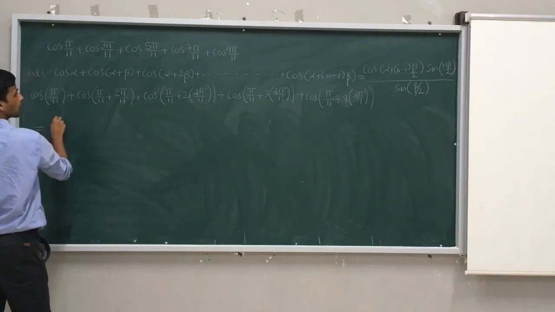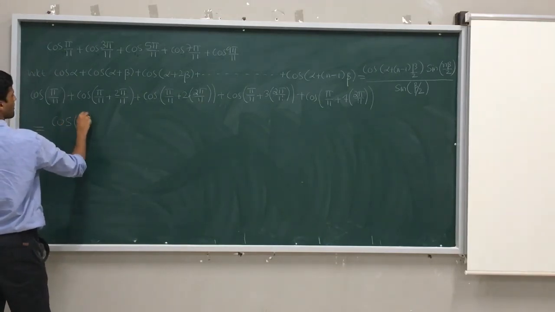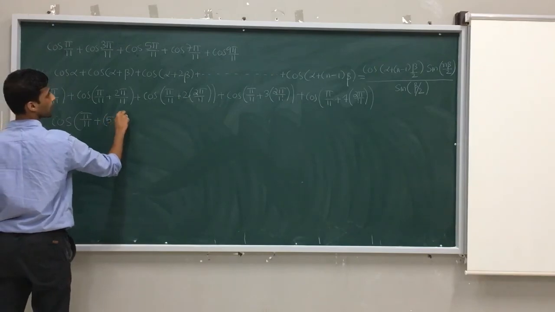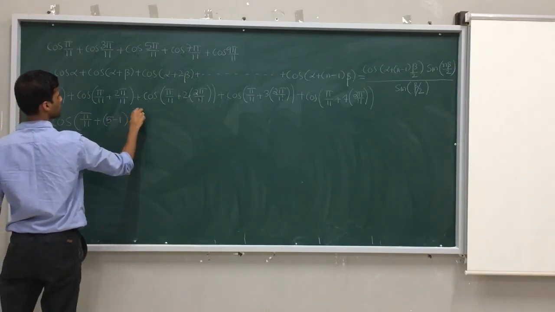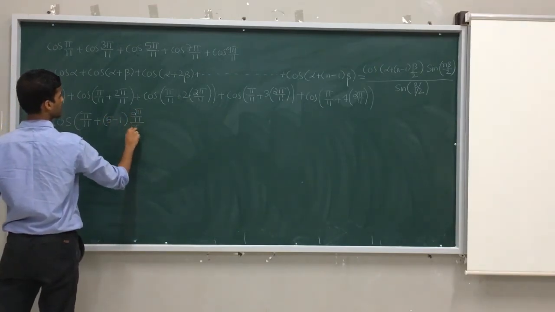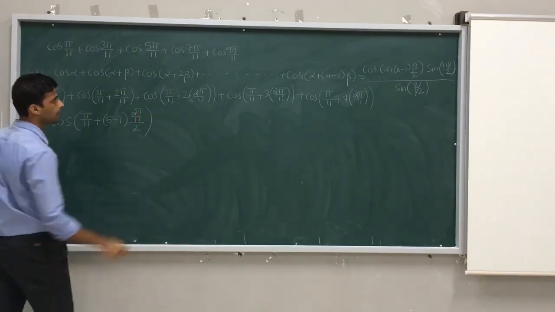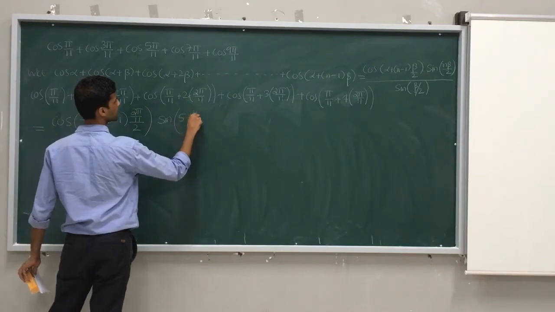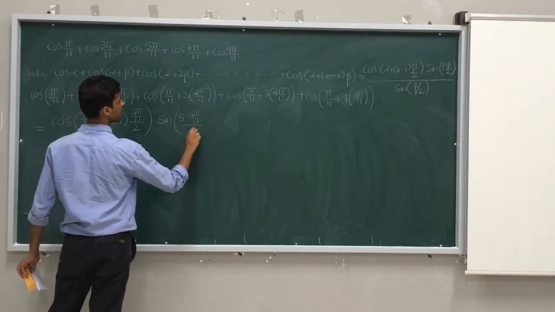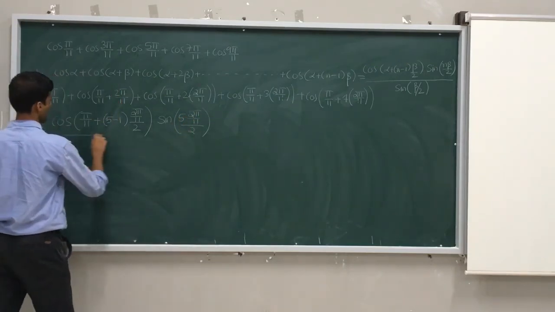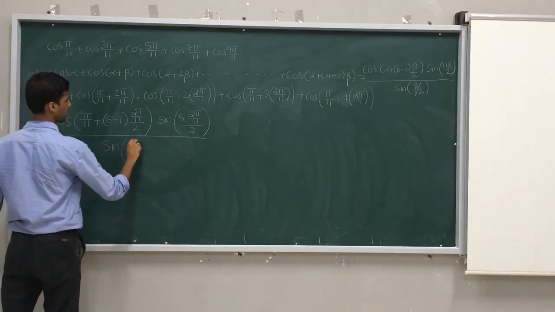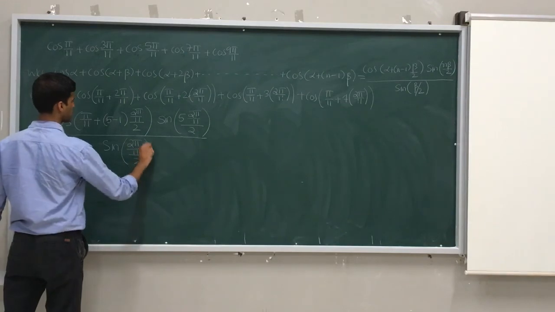Therefore, this is equal to cos of pi by 11 plus n minus 1, that is 4, times beta, which is 2 pi by 11, divided by 2, into sin of 5 times 2 pi by 11 divided by 2, divided by sin 2 pi by 11 divided by 2.